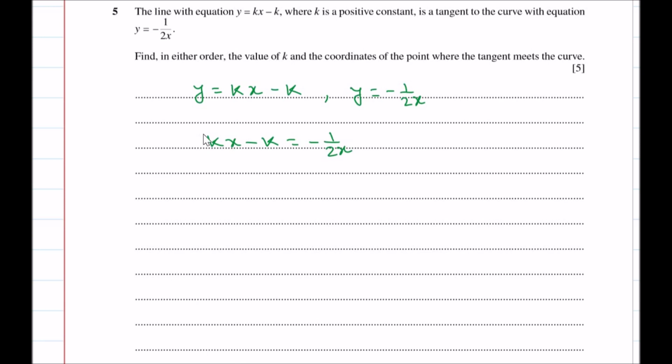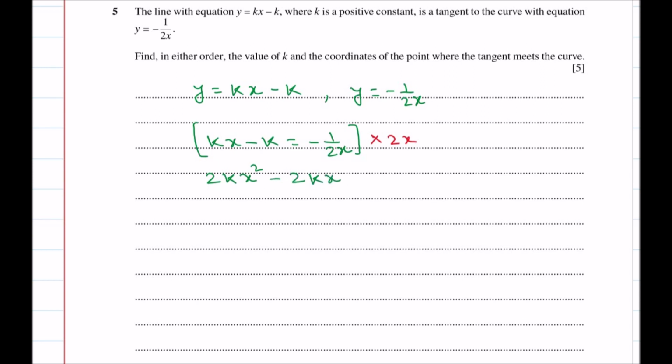Now, what we can do here? We have denominator 2x. So we will multiply both sides by 2x. If we multiply both sides by 2x, we get kx into 2x, that means 2kx square. Now, minus k into 2x, minus 2kx.